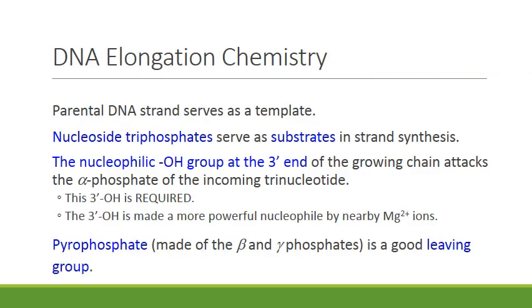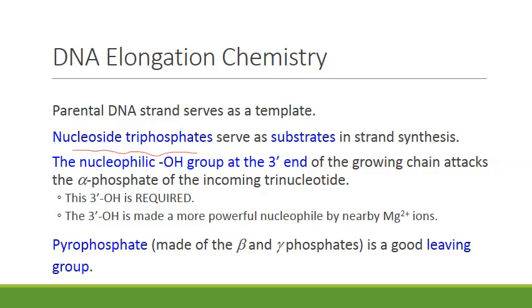DNA polymerases are responsible for making the new strands of DNA. Parental DNA serves as the template for the new strand of DNA. Nucleotide triphosphates, as I talked about earlier, serve as the substrate for DNA synthesis. So in essence, we are creating a DNA molecule by adding nucleotide triphosphates to a growing strand of DNA.